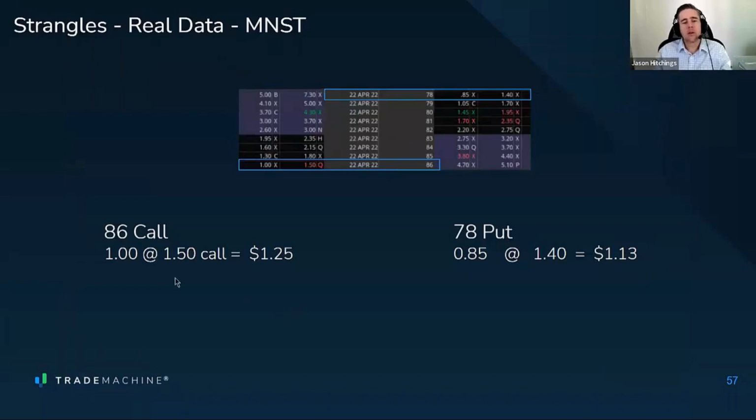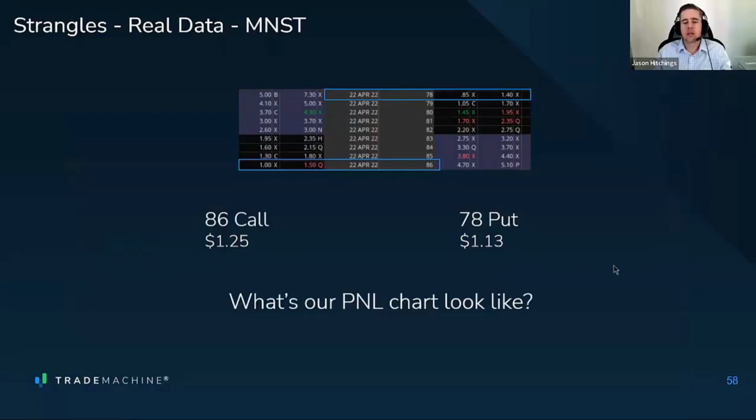Okay, so we see that the 86 call is worth around $1.25. The 78 put is worth around $1.13. So we can combine those together to see what our total cost of this position looks like, and it's around $2.38. And if you recall, that's less than the two at the money options were.